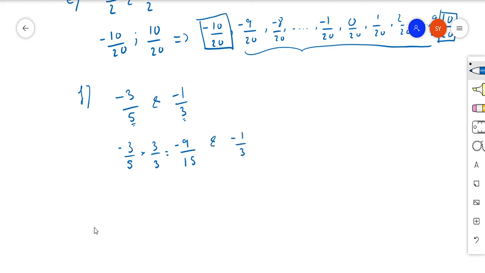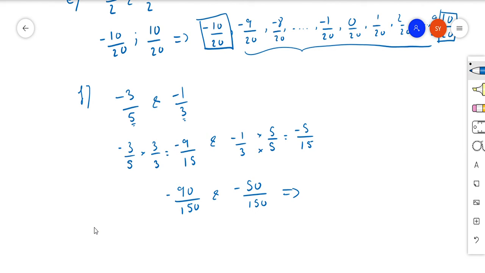And minus 1 by 3: how can you make 3 into 15? You will multiply it by 5, so you also multiply over here. It will be minus 5 by 15. Now we have numbers in standard form. Now you can find any 5 numbers. What we can do is multiply by 10 again. So this will become minus 90 by 150, and this will become minus 50 by 150, and you can find the numbers between them.